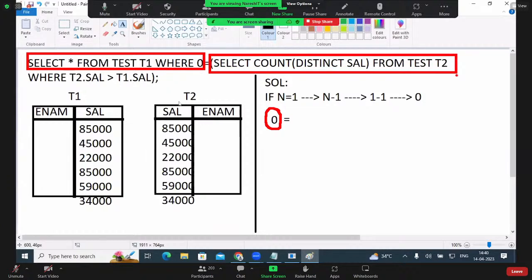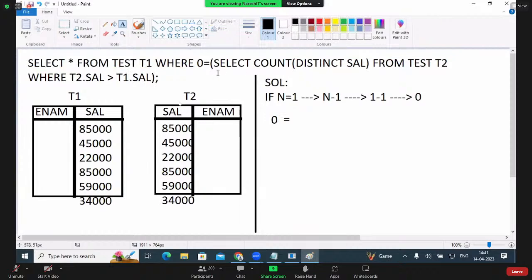After execution of the inner query, each and every value that comes out will be compared with 0. Wherever your condition is satisfied, that row will be picked from your table. Understand?